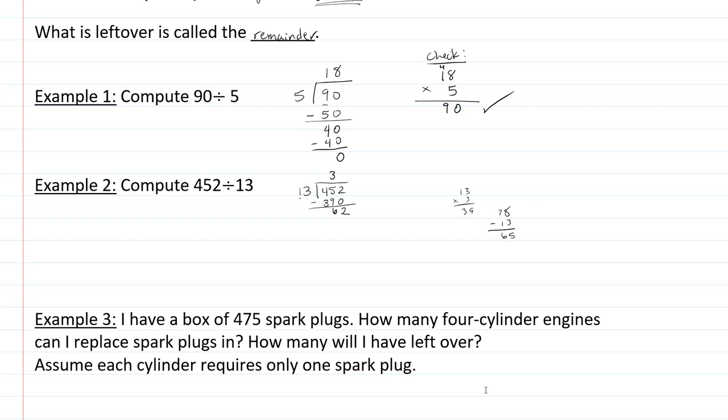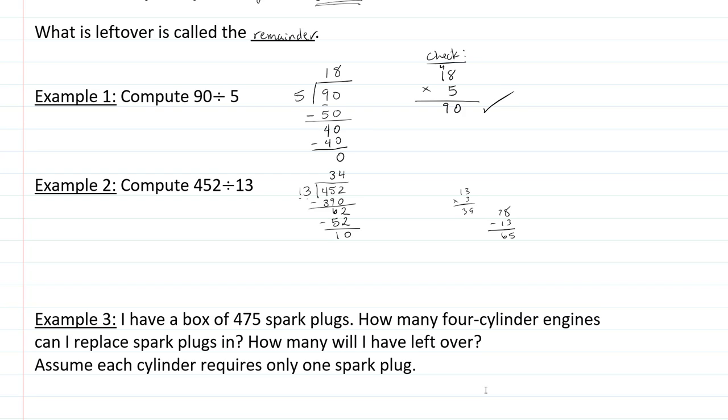We can just do some multiplication to check, but let's try it out. 13 times 4, so we write a 4 here. 13 times 4 is 52. We subtract these two numbers and we're left with 10. And we were right, 52 was the largest multiple of 13 that could have gone into 62, because we're left with something less than 13.